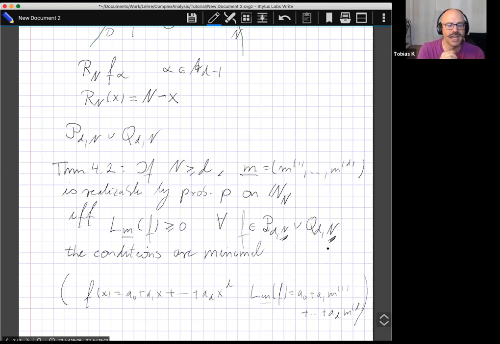You want as few conditions to be checked as possible, so you want it minimal. Minimal means if I remove one of the conditions, the theorem will fail. And we have this here, so you really cannot get rid of any of these conditions in general. You have to do something more complicated to get rid of them.